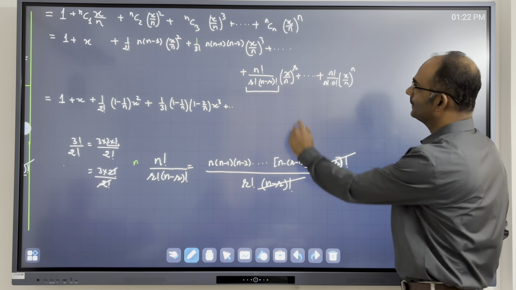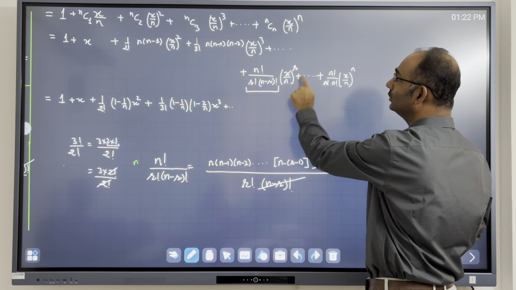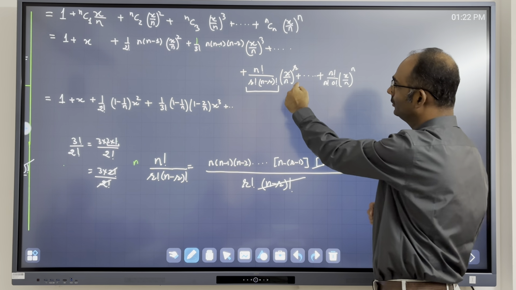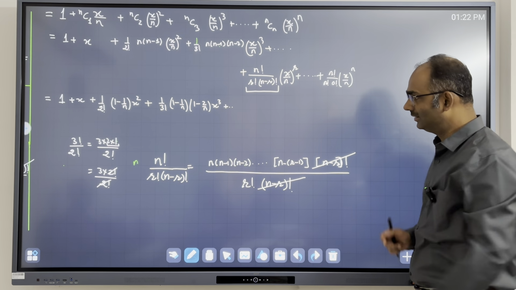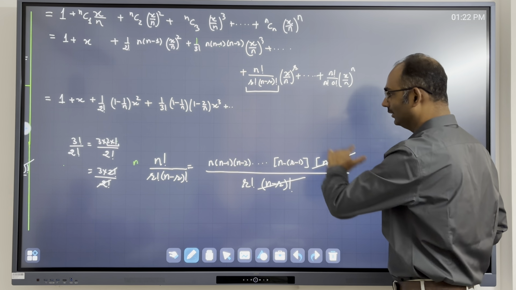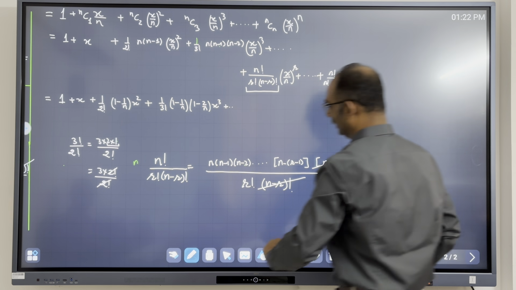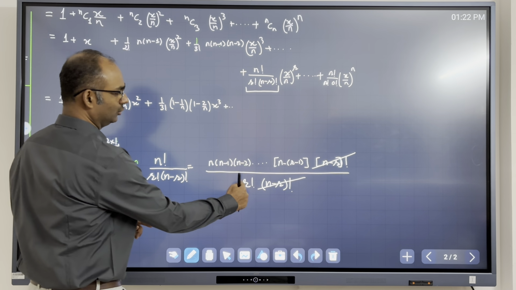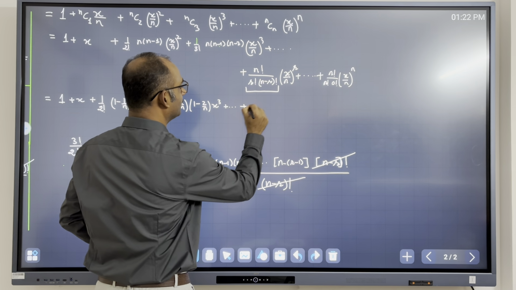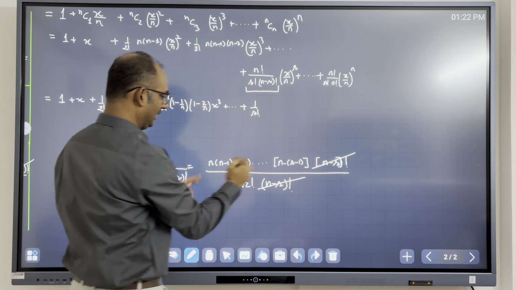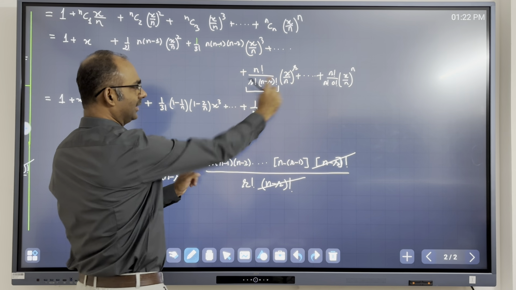Now look at this. Here, this will sit. But then I have n to the r in the denominator, which means this entire thing will get divided by n to the r. So when I divide this entire thing by n to the r, this 1 over r factorial I'll keep. It has nothing to do with n. Now the numerator gets divided by n power r.